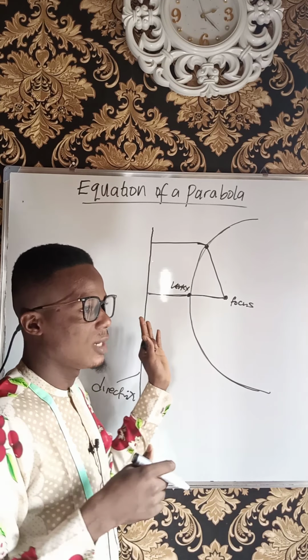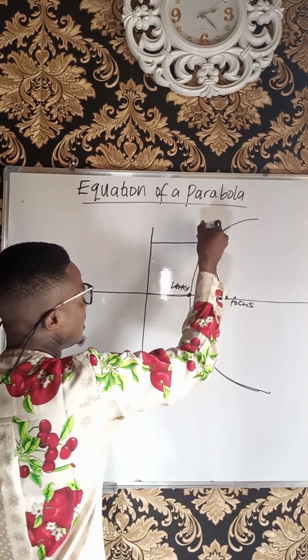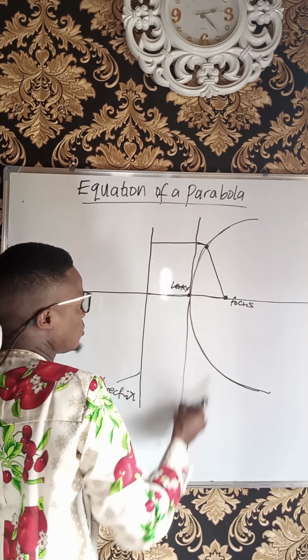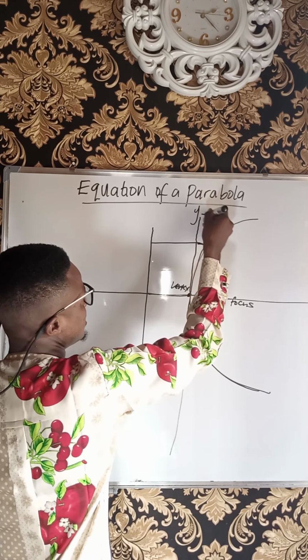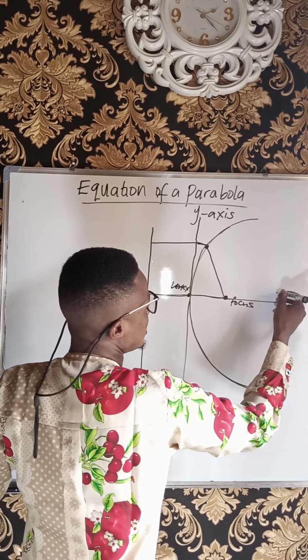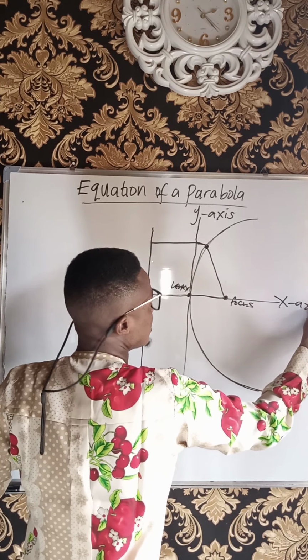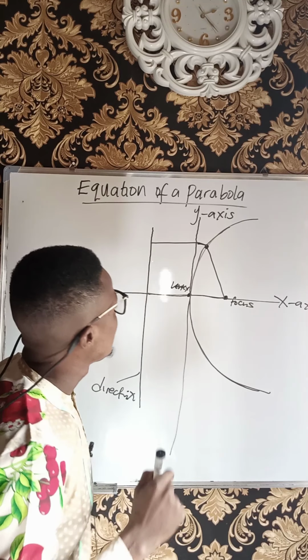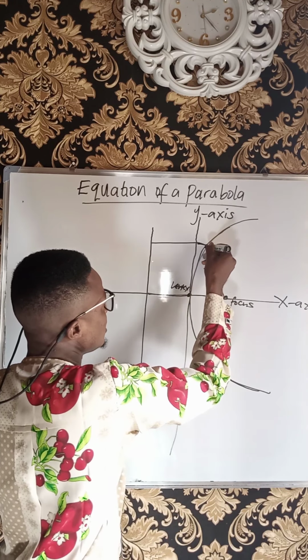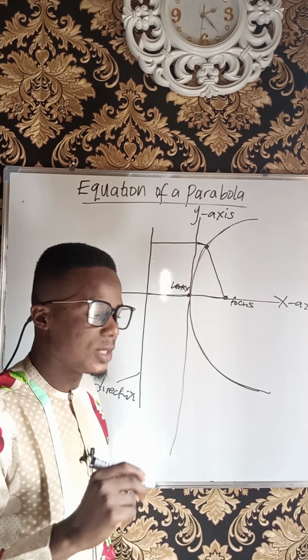Now let us take this particular point as the origin of the x-axis, and this line here, which is the latus rectum, let's take it as the y-axis. Now remember, by the definition of a parabola, the distance from here to here and the distance from here to here remain the same.